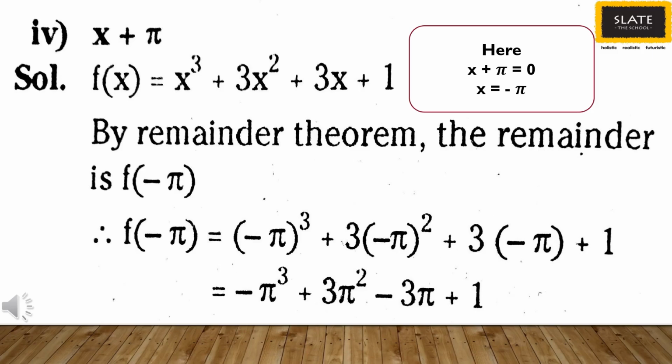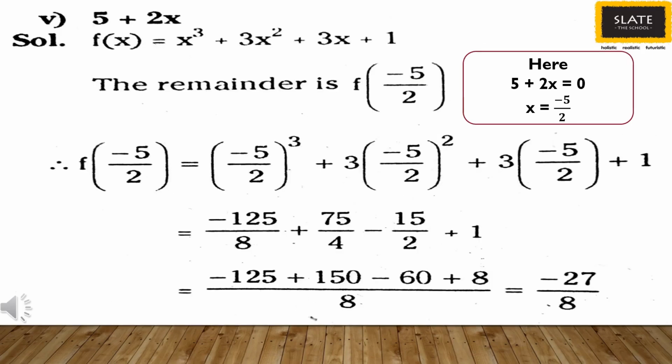So 3 into pi square is 3 pi square plus 3 into minus pi is minus 3 pi plus 1. f of minus pi is minus pi cube plus 3 pi square minus 3 pi plus 1, which is the remainder in this case.